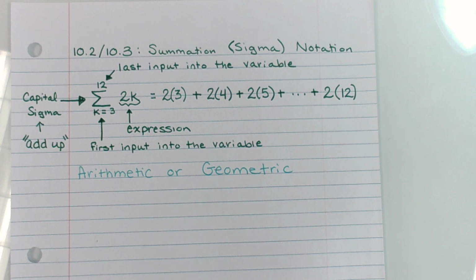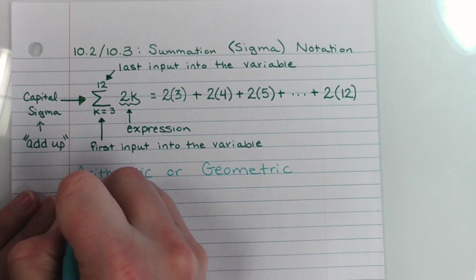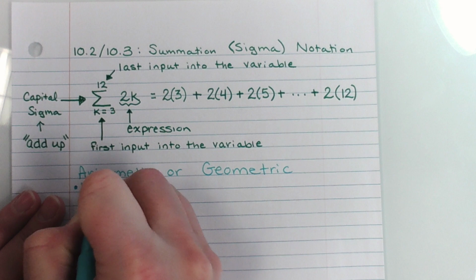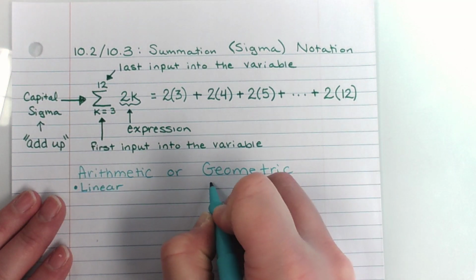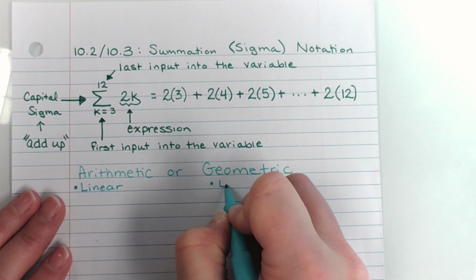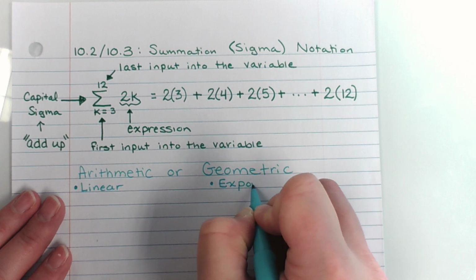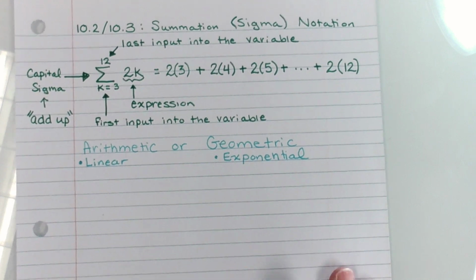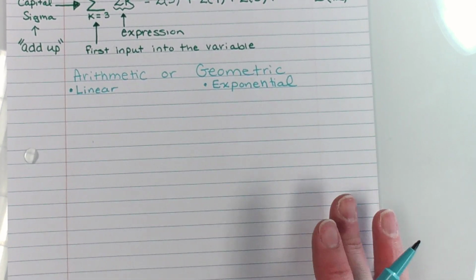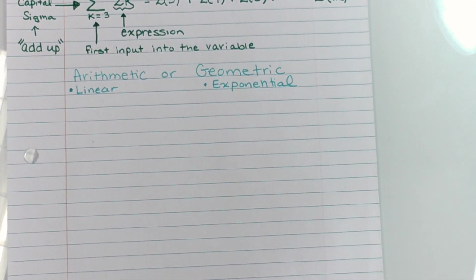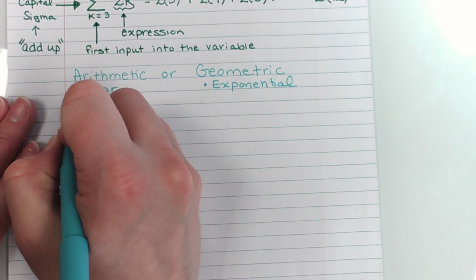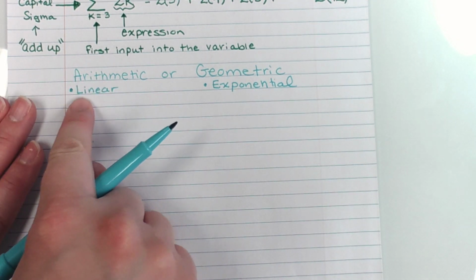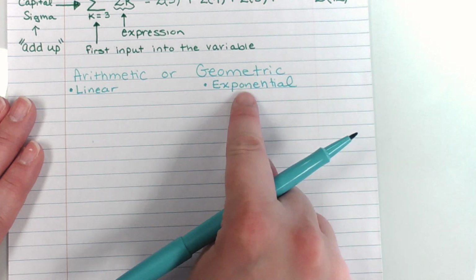The way you can tell if it's arithmetic or geometric is based on what the expression looks like. If the expression looks linear, it's arithmetic. If it looks exponential, it is geometric. Now, to help you out with whether it looks linear or exponential, arithmetic ones look arithmetic. Geometric ones look geometric.